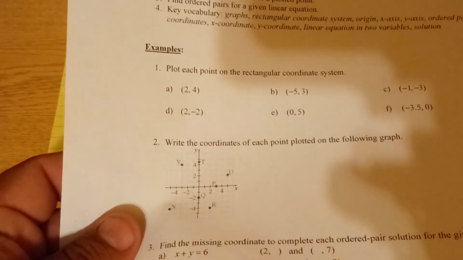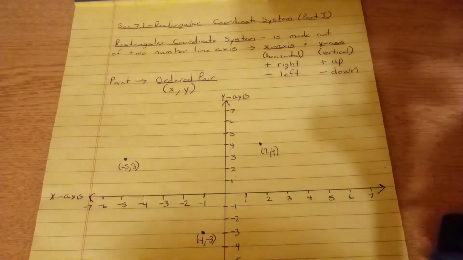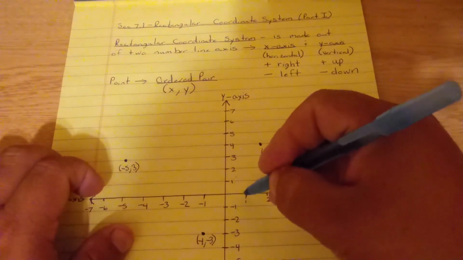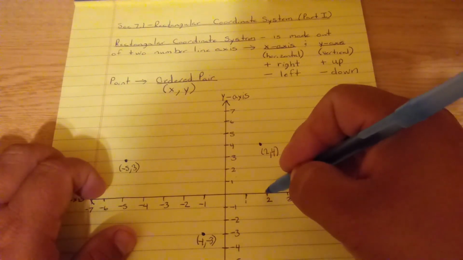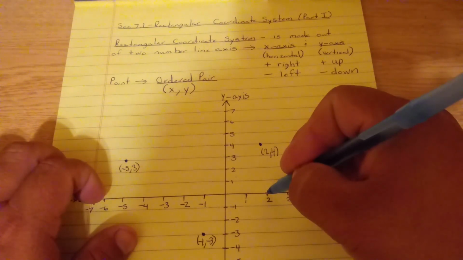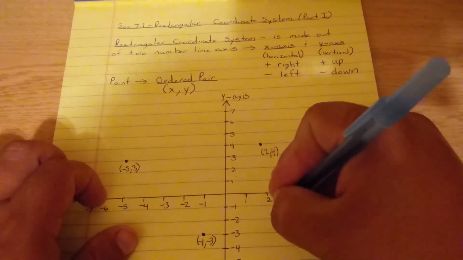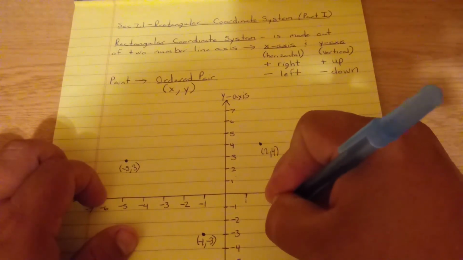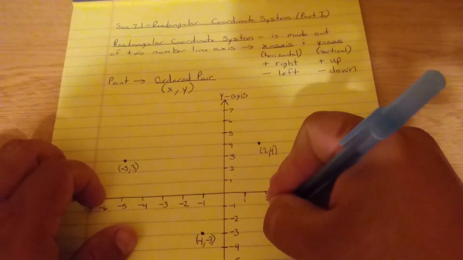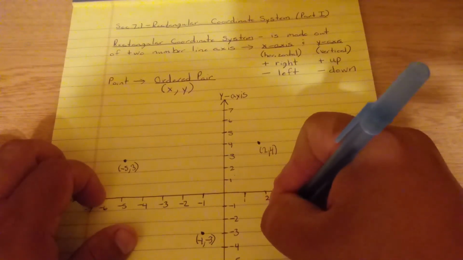Letter D, you have 2 and -2. Once again, you're going to move 1, 2 places to the right, but the second value is -2, so you're going to move 1, 2 places down. That's your value right there, 2, -2.